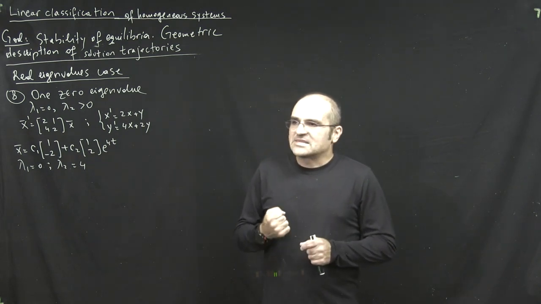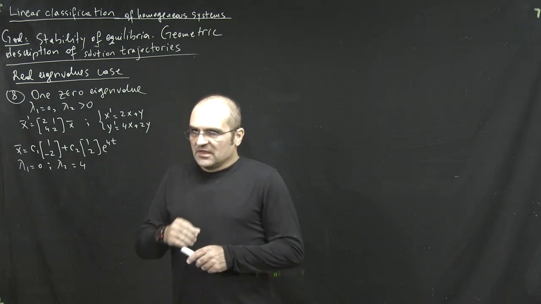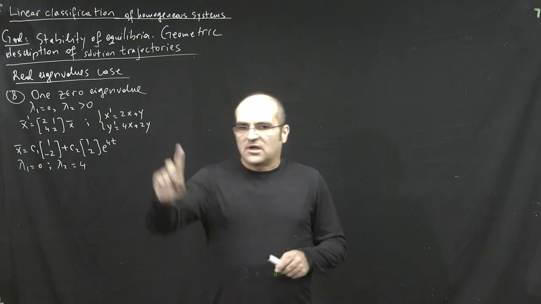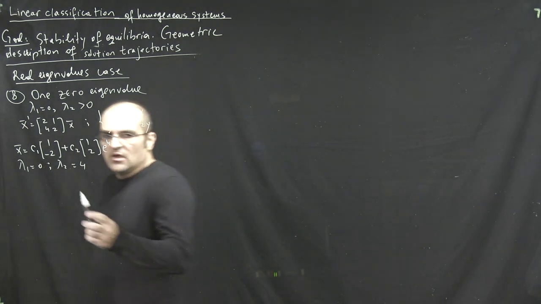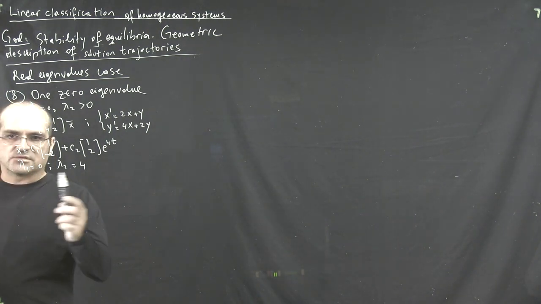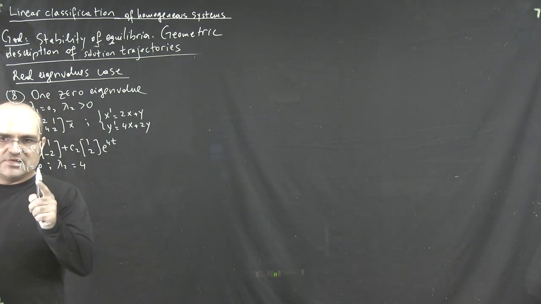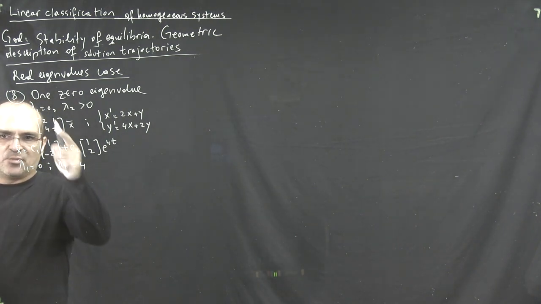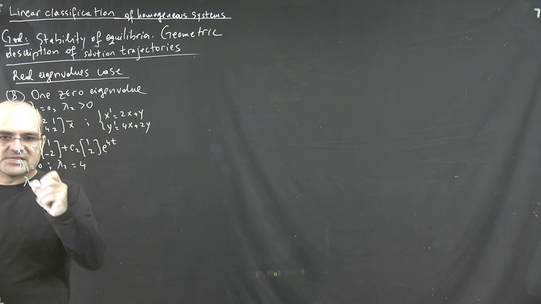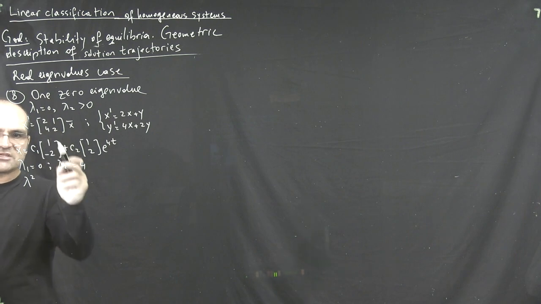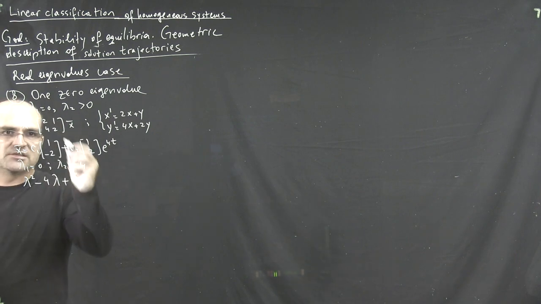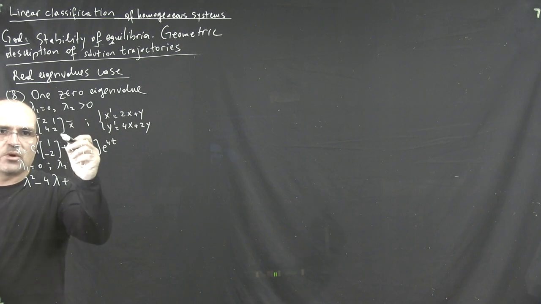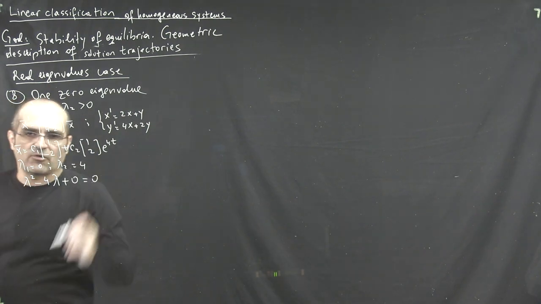Now, why is that the case? Well, think for a moment about how the matrix of the system looks in this case. When you solve for these eigenvalues, for one eigenvalue to be zero, you need the determinant of the matrix to be zero. So when you set up your characteristic equation, it is lambda squared minus the trace, which is 4 lambda, plus the determinant, but the determinant is 4 minus 4, which is 0.